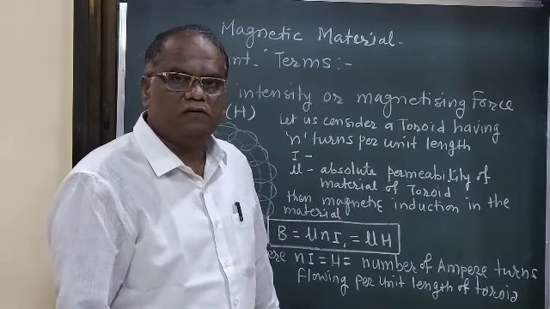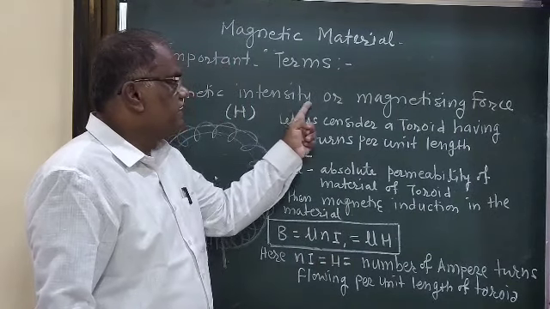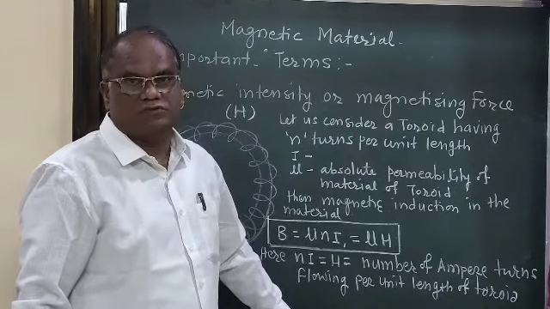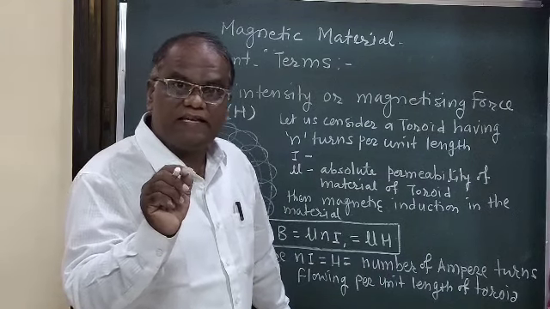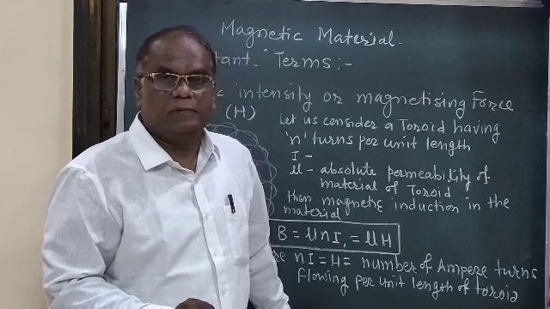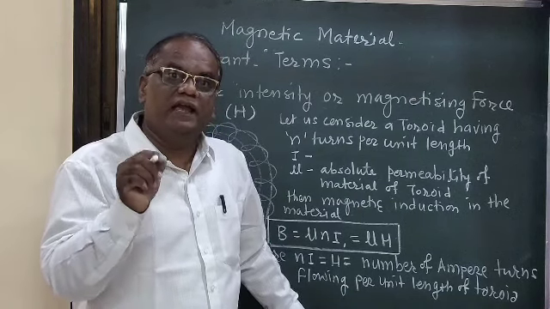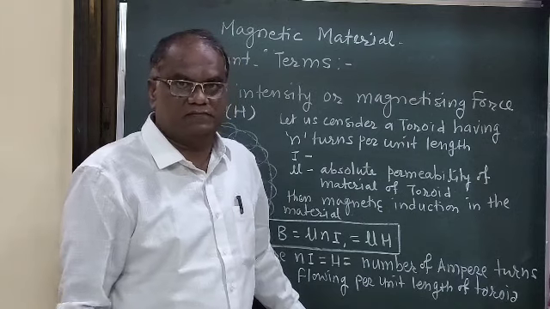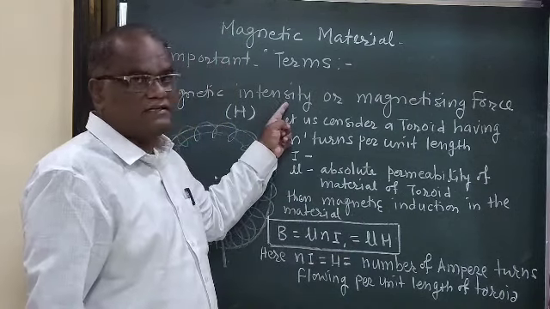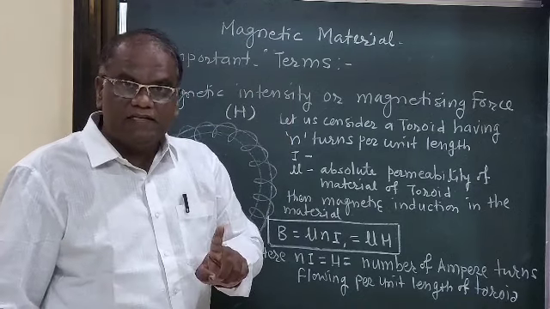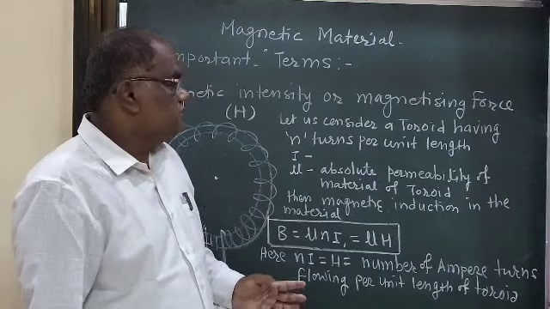The next important term is magnetic intensity or magnetizing force. We have studied magnetization. Magnetization can also be known as intensity of magnetization. Here magnetic intensity and intensity of magnetization are different things.